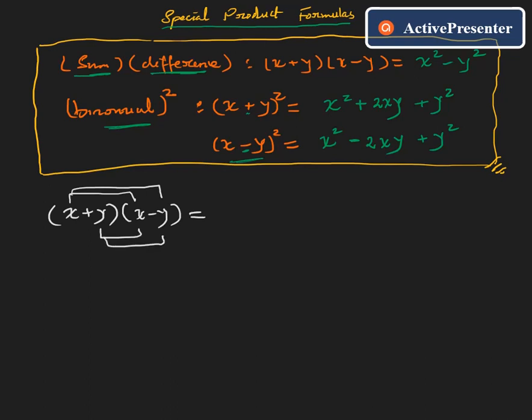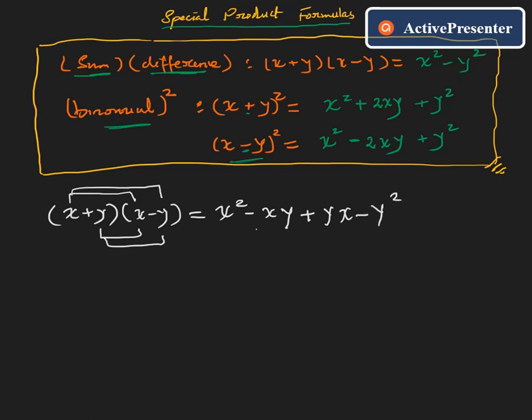So x multiplied in x is x squared, and x multiplied in minus y should be minus xy. So what about the y? Y multiplied in x is plus yx. What about y multiplied in minus y is minus y squared.